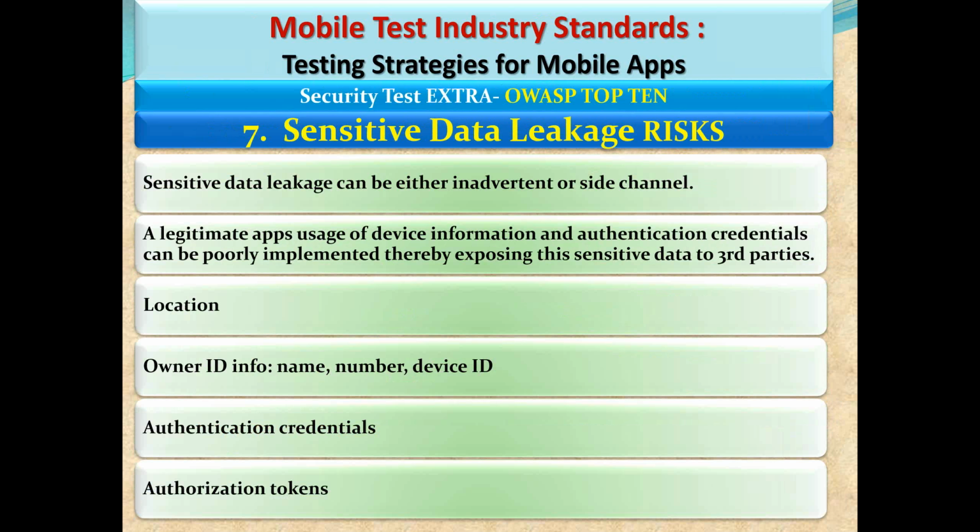And of course, one of the biggest security concerns is sensitive data leakage. It can be either inadvertent or side channel. Illegitimate apps' usage of device information and authentication credentials can be poorly implemented by the developers, and it can also expose this sensitive data to third parties.